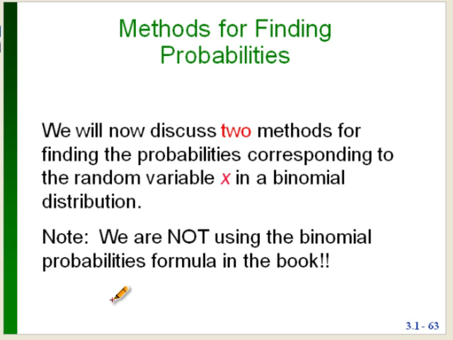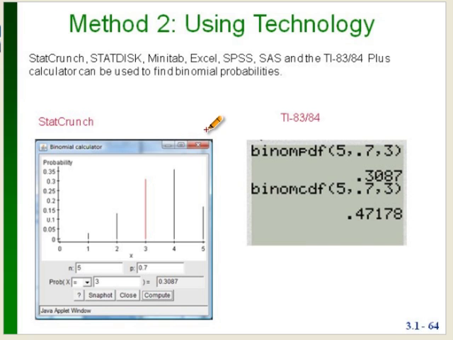Now we'll talk about two different ways to find binomial probabilities, but please notice that we're not going to use the binomial probabilities formula in the book. It's just too complicated for us to spend time on, especially when we have technology that we can use. So here's the first method that we're going to talk about, is using technology.